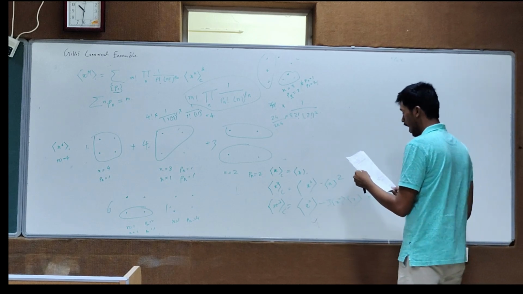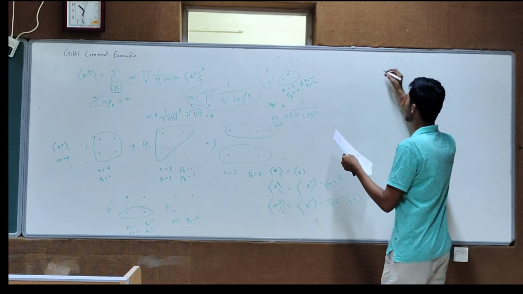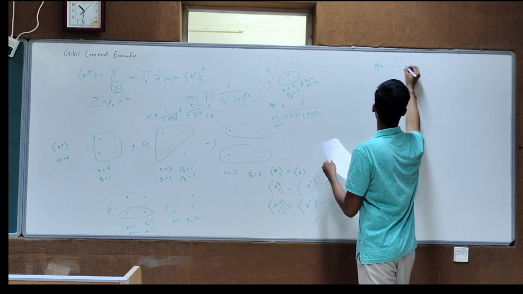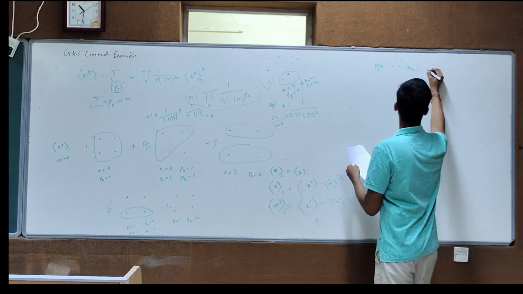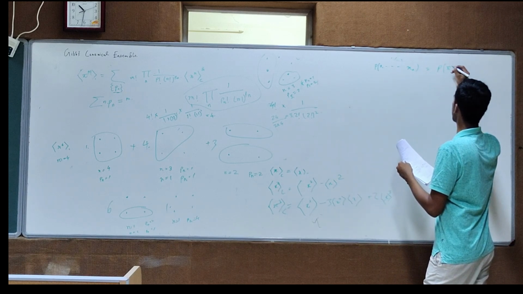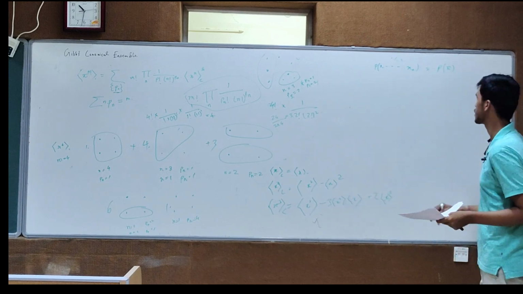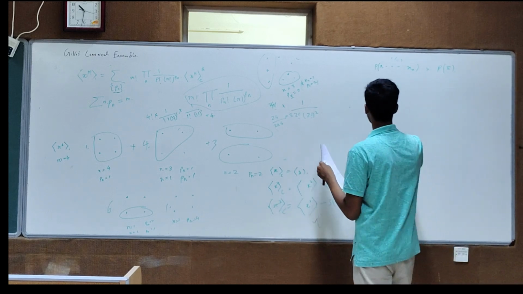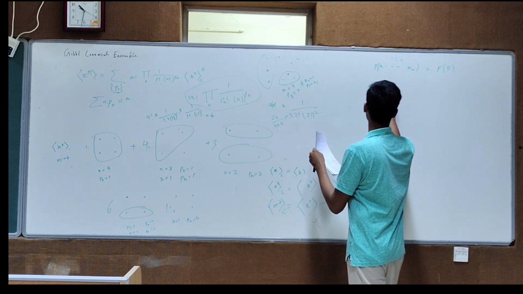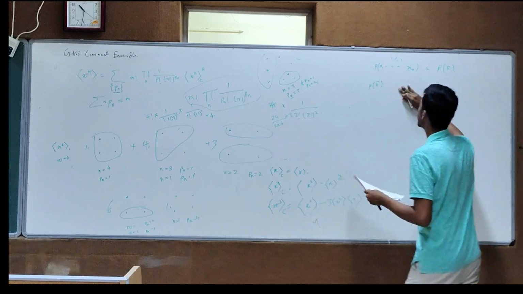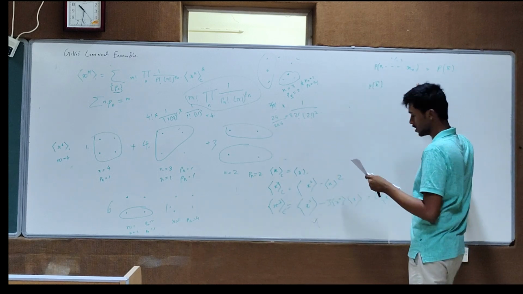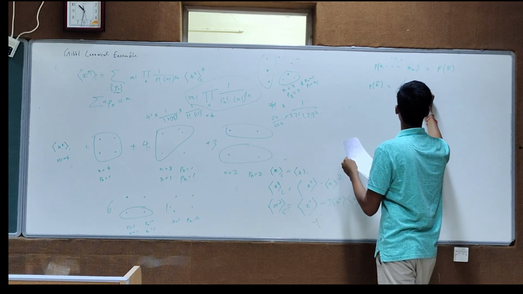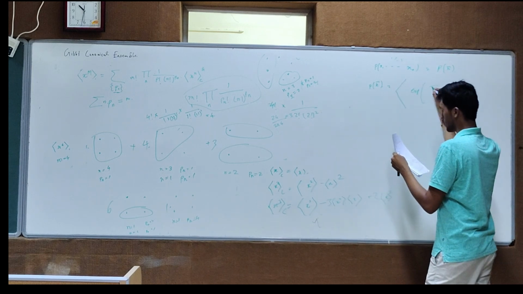If you have a joint probability distribution p of x1 to xn, you can define a joint characteristic function defined by this k vector. Now you will have a k for each of these x's, and this is just the expectation value of the exponential of the sum.